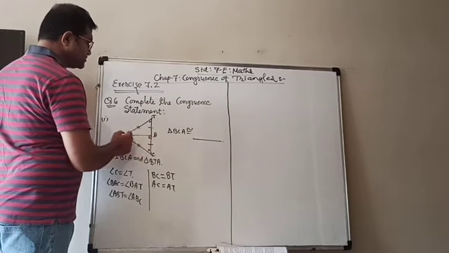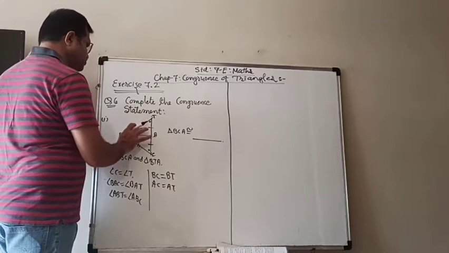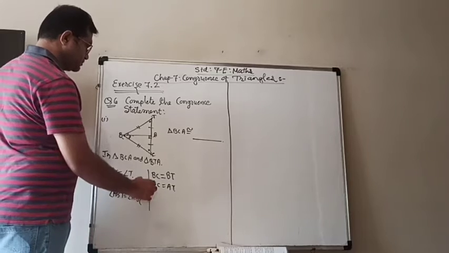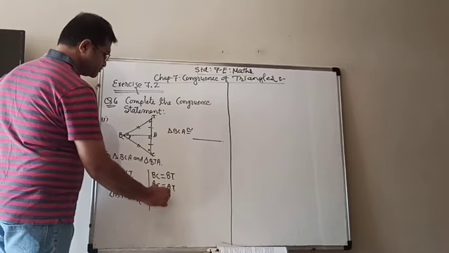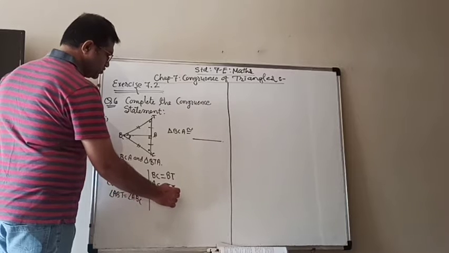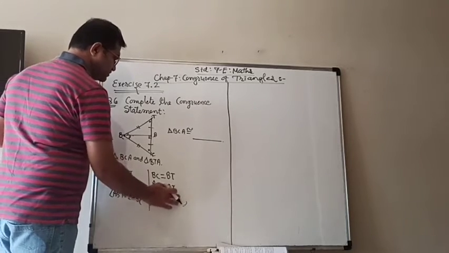And BA is the common side. It belongs to that triangle and it belongs to the other triangle also. So BA equals BA. It is not given but it is common, so it is not necessary to write it down.